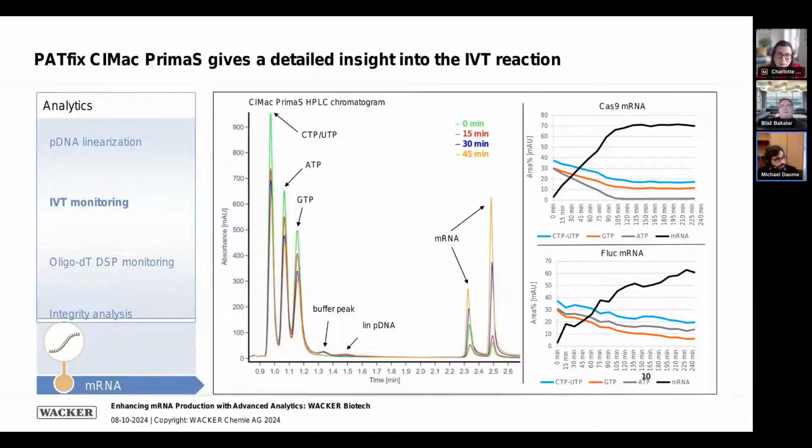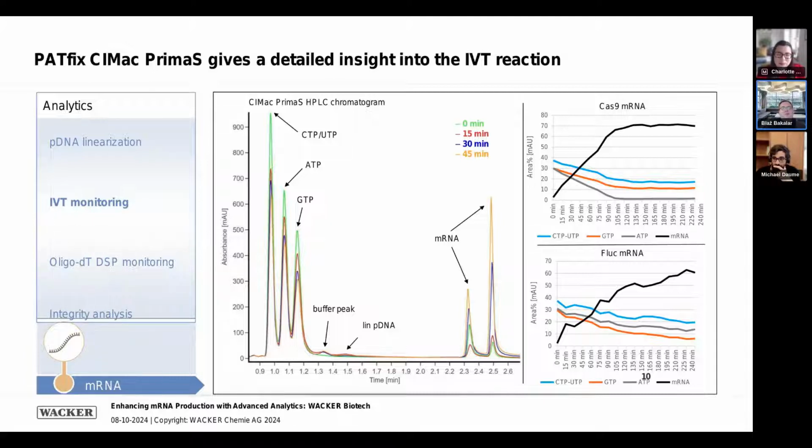But I know that BS Separations is already developing a new method where they are capable of achieving one single peak for the mRNA. However, it's not rolled out yet to the PATfix software. So I'm really curious about this in future. Yeah, that's exactly correct, Michael.